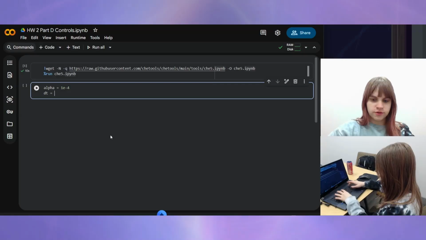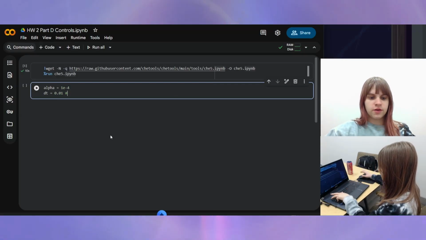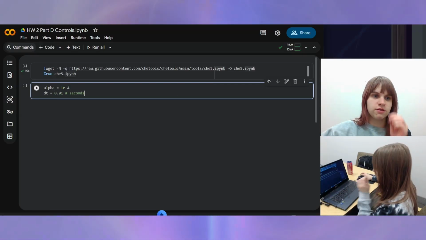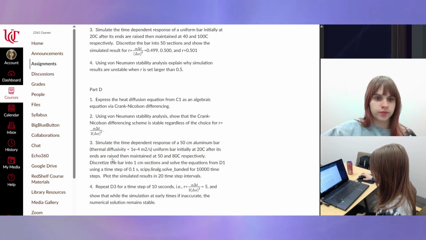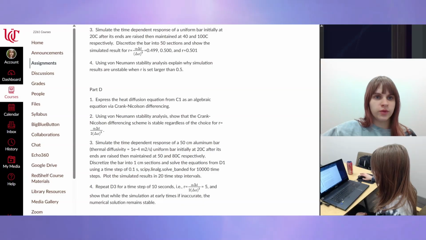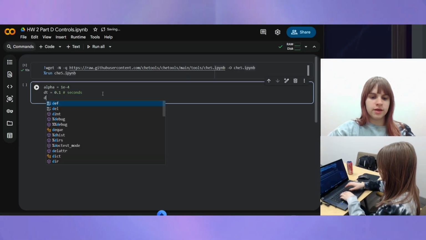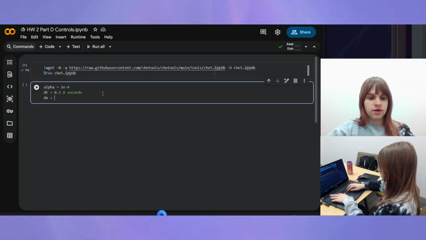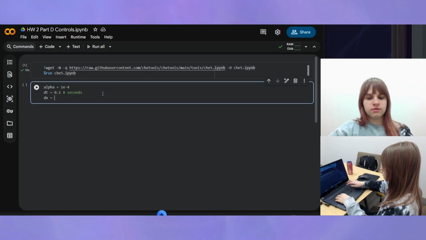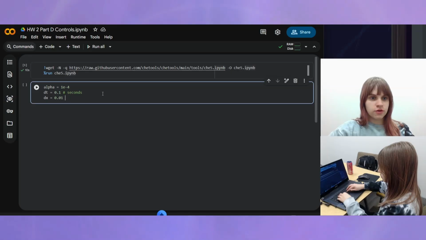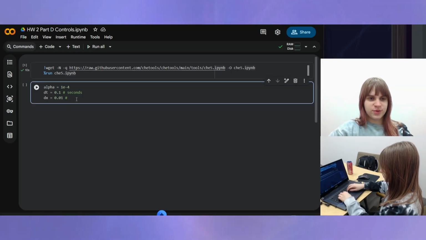We also define our dt as being 0.01 seconds. Or sorry, 0.1 seconds. And our dx is 1 centimeter, but this is in meters, so we are going to do 0.01. That's where I was taking that number from.